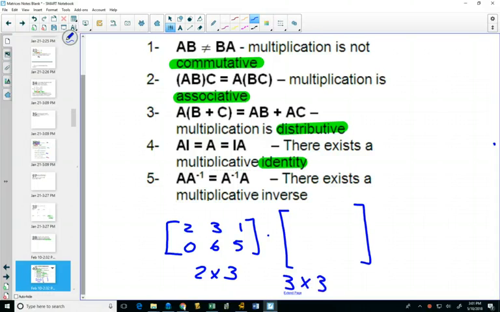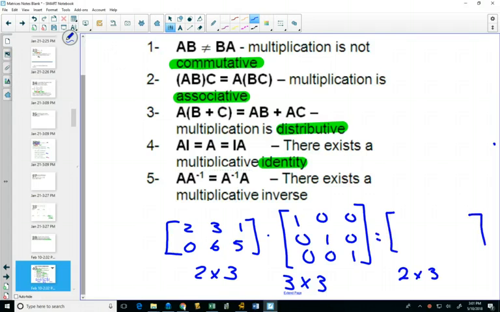All identity matrices are square matrices, so what happens when you multiply by this one? The answer is going to be a 2 by 3. Okay? And look, row 1 times column 1. The only number that hits is the 2. And the other ones are 0. Add them up, you get 2. Row 1, column 2. The only one that hits is the 3.